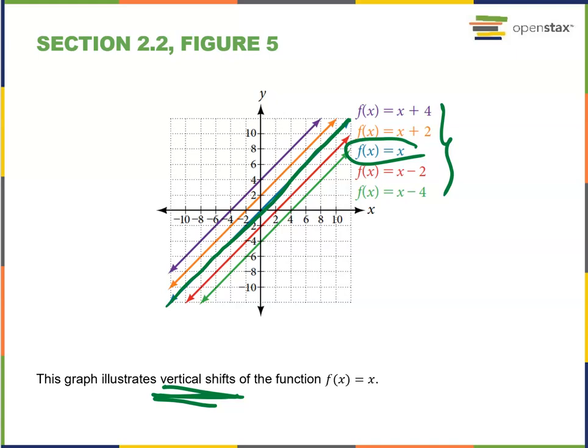If it's plus, you go up. If it's minus, you go down. Like this one, you move the whole line up 4. So this is the line. And the orange, x +2, you move the whole line up 2. And if it's negative, you go down. So like x -2, you go down 2, x -4, you go down 4.